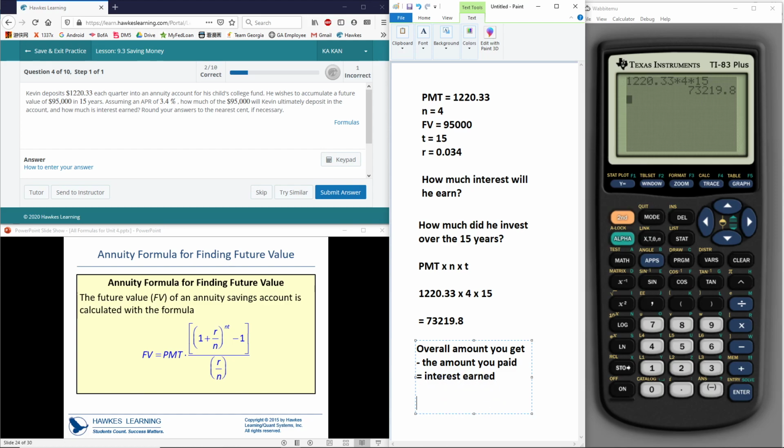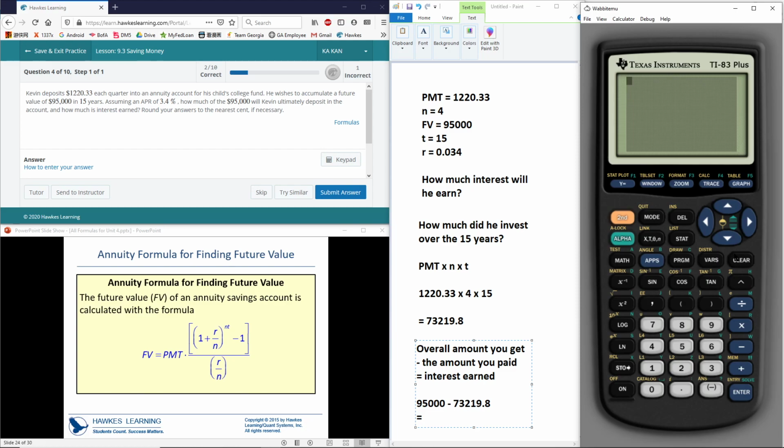So all you gotta do is $95,000. That's how much you have at the end of this investment, minus 73219.8. That's it.